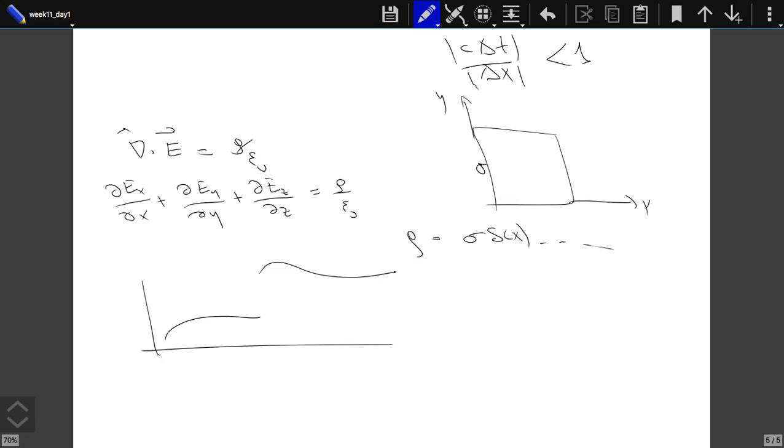This will be Vy, y hat dot y prime hat, plus Vz, z hat scalar product y prime hat.